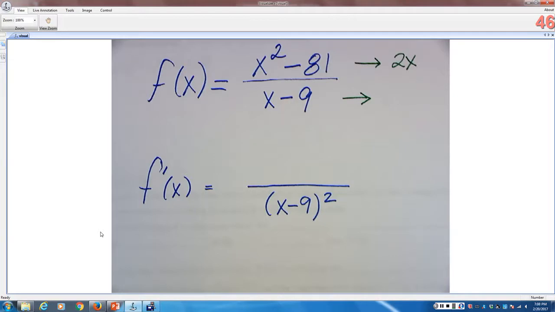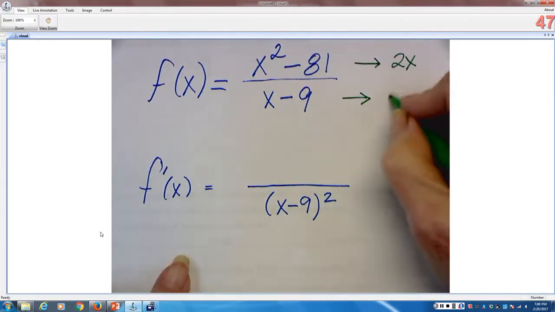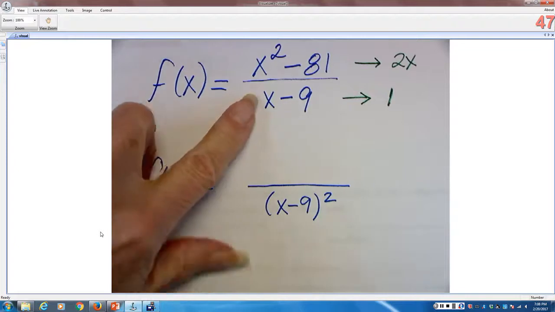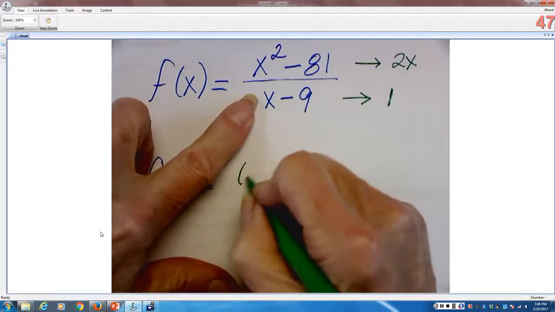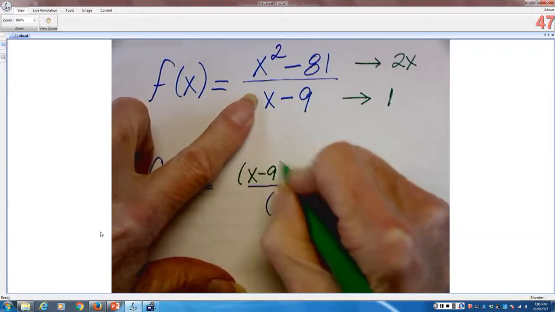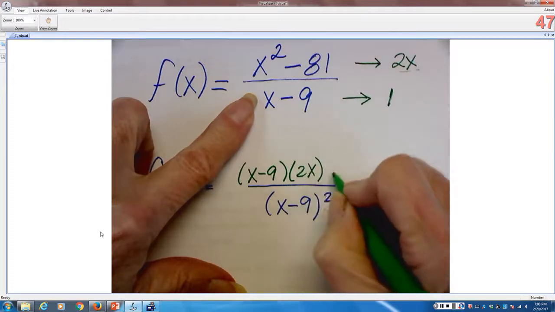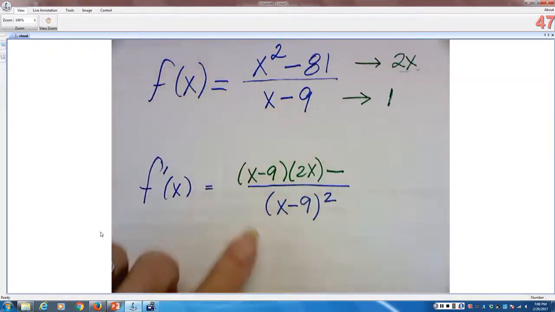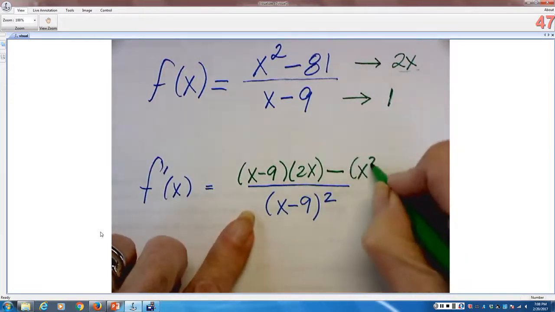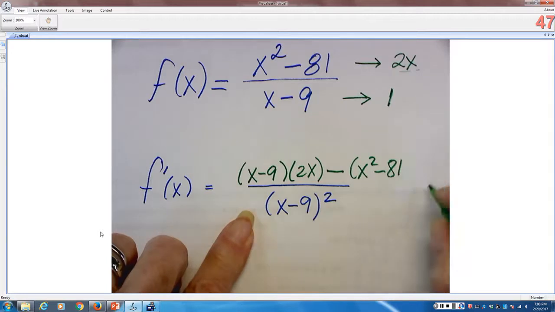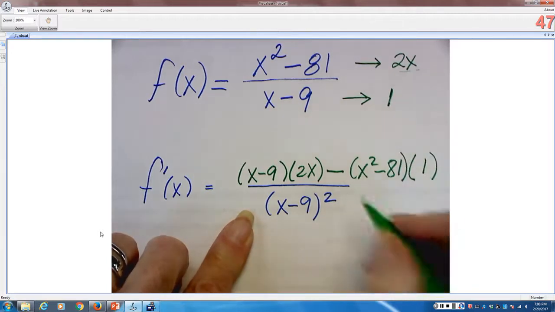What about the numerator? Okay, so that's x minus 9 times 2x, minus x squared minus 81 times 1, which is just 1 and doesn't change anything. That's right.